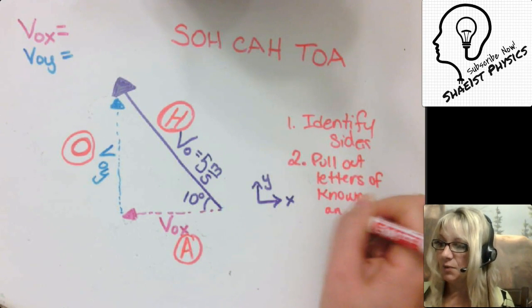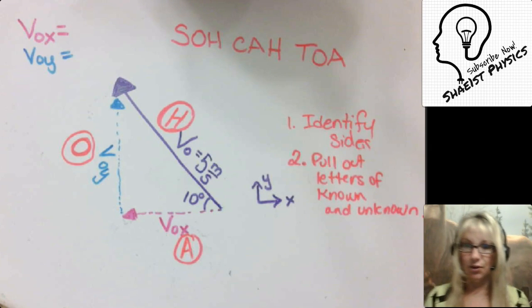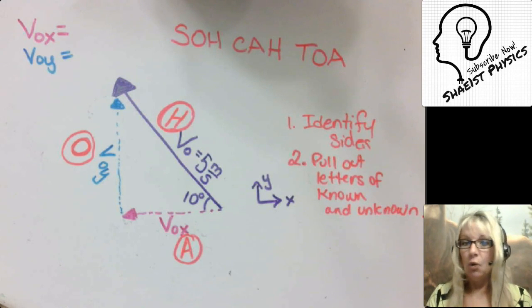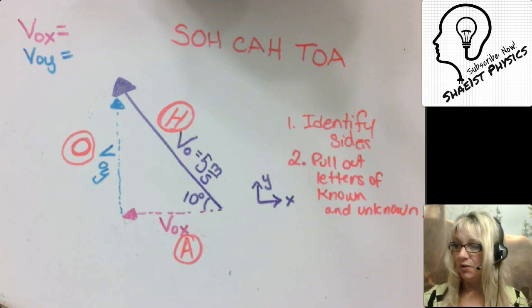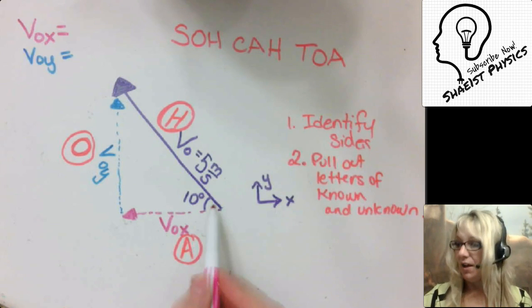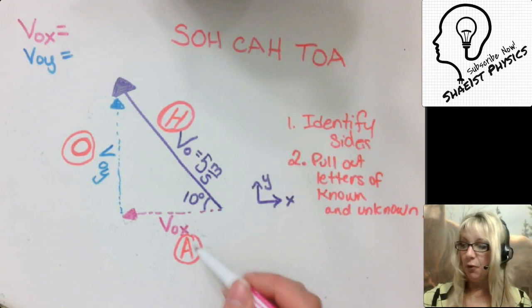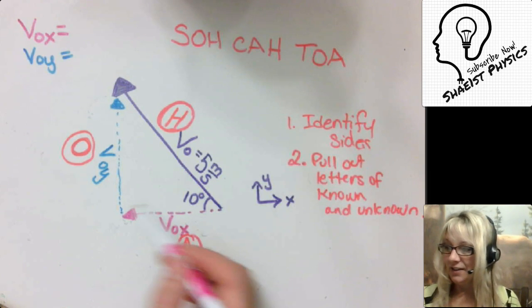Well, in this case, we have two unknown sides, don't we? So we're going to choose. Let's first do Vox. Let's first determine what this X component is. Okay, well, I'm going to pull the letters out. I'm looking for A.